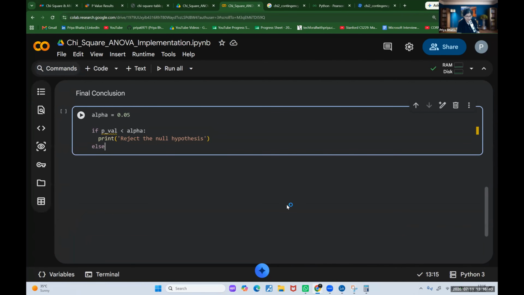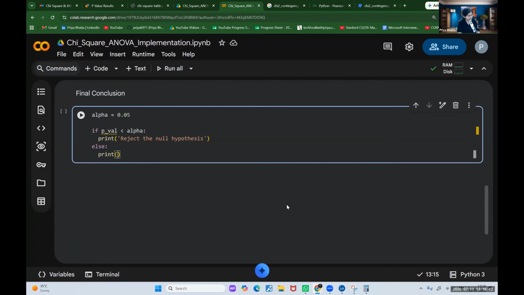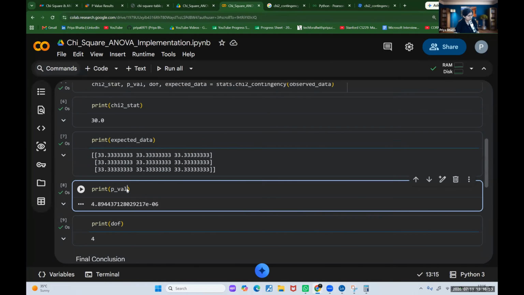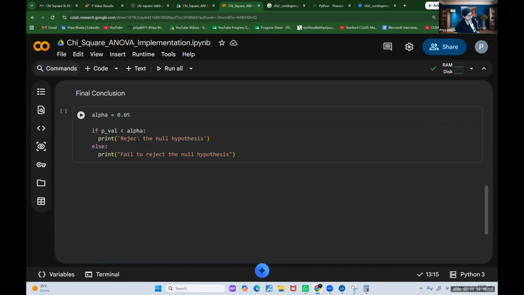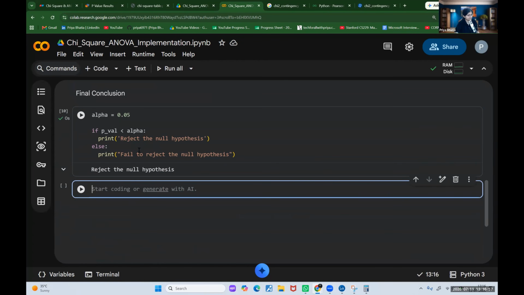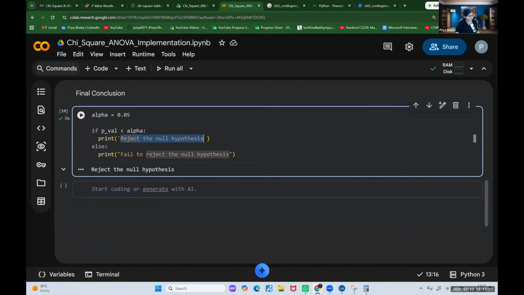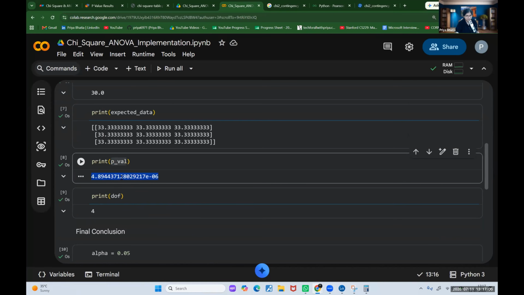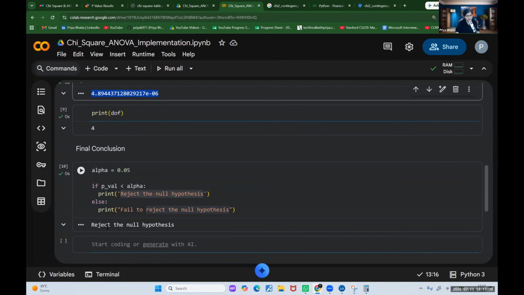Else, we'll go ahead and print that, hey, we fail to reject the null hypothesis. Is it all right? Done. So you will be able to observe that over here, because the p-value is way smaller than alpha, that's the reason we are able to reject the null hypothesis.